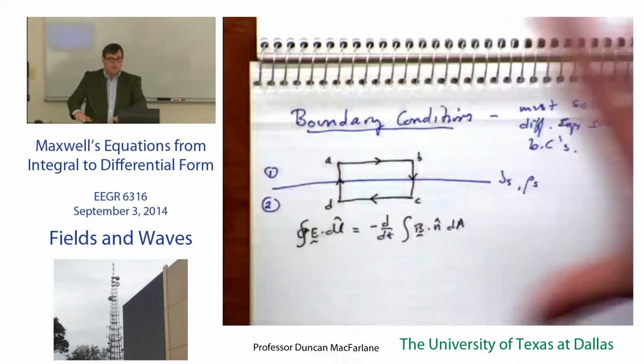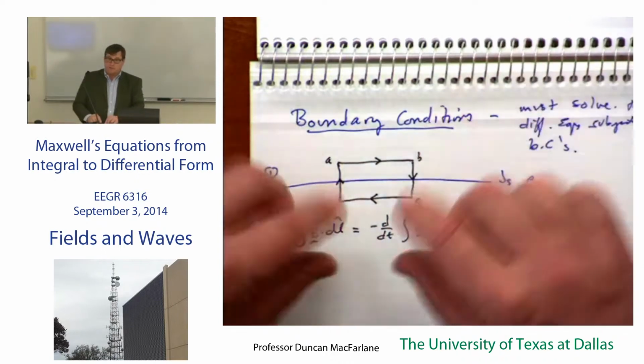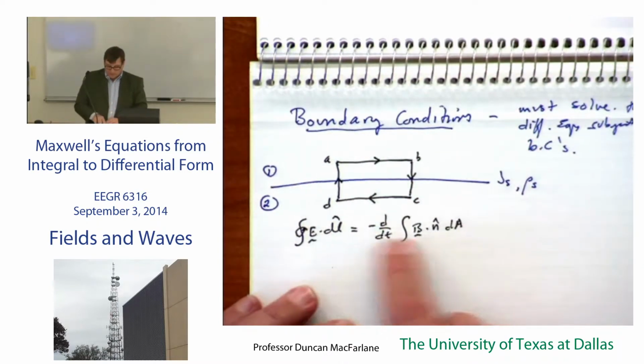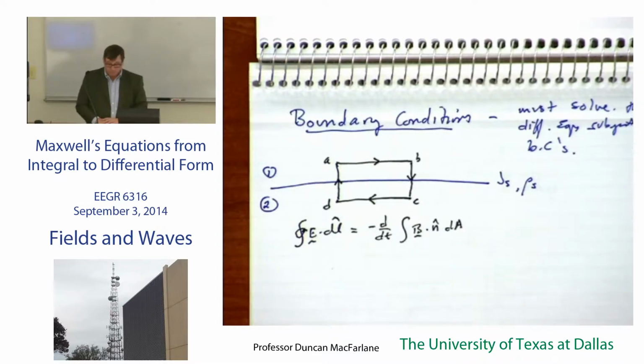If I make this loop bigger, I'll catch more magnetic field. If I make this loop smaller, I'll catch less magnetic field. So in some sense, the strength of that term is going to depend on the area that I'm going to be looking at.